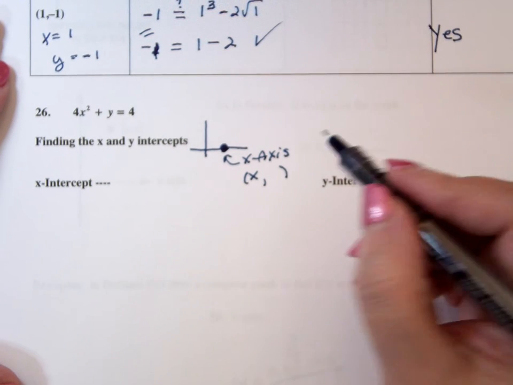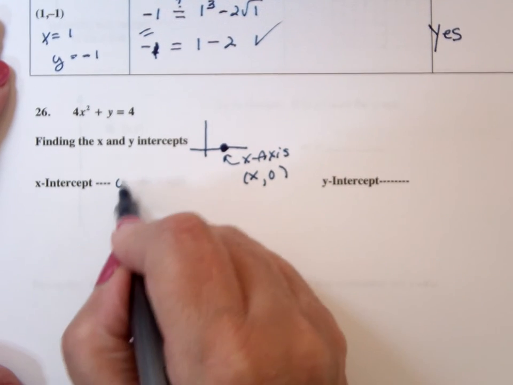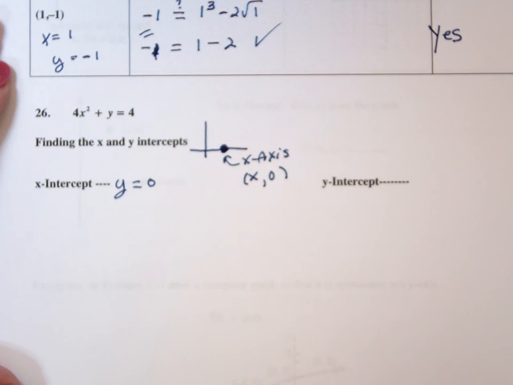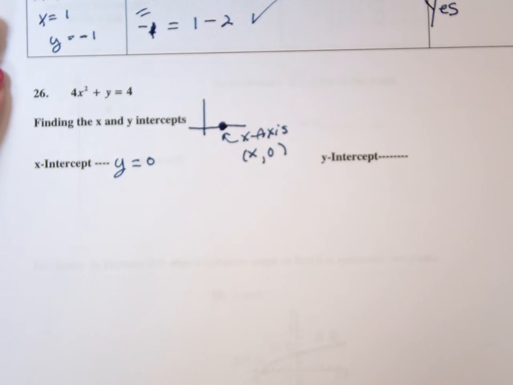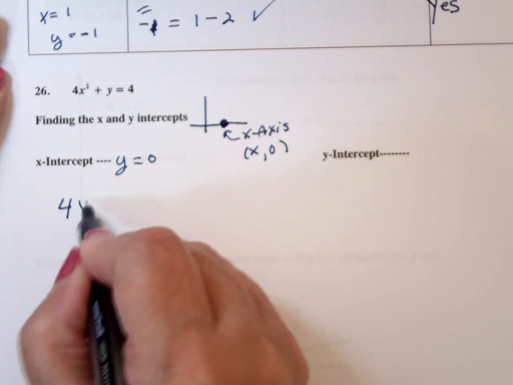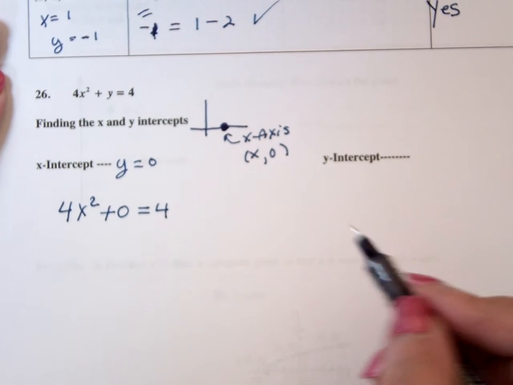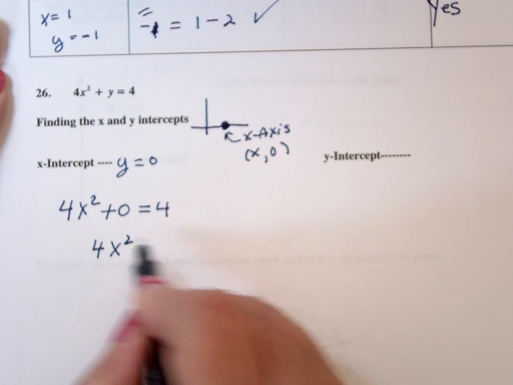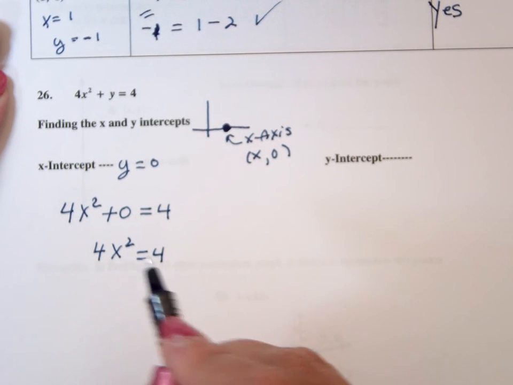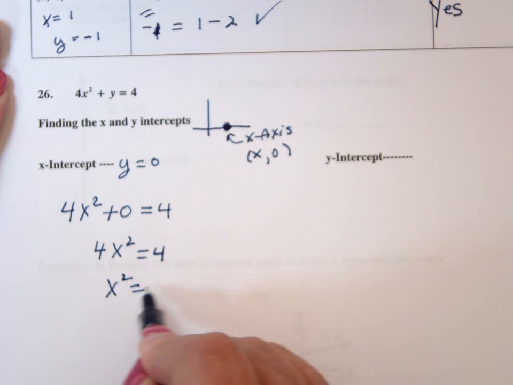What's the y value? 0. So that says y equals 0. So I'm going to get 4x squared plus 0 equals 4. 4x squared equals 4. x squared equals 1.